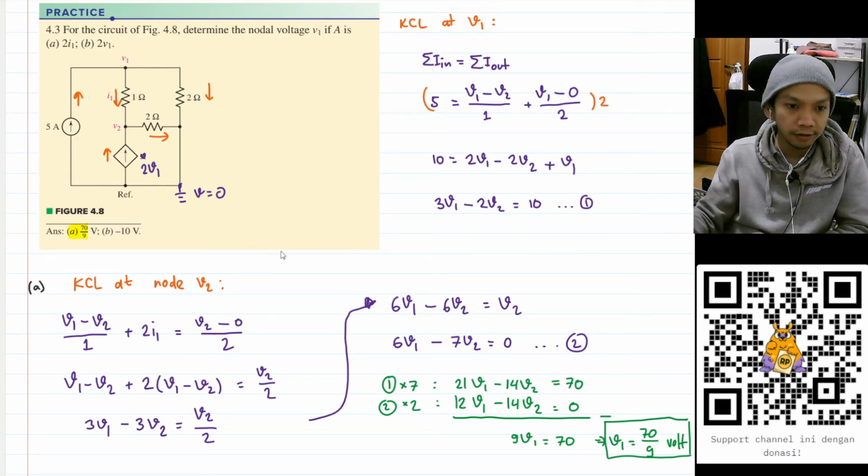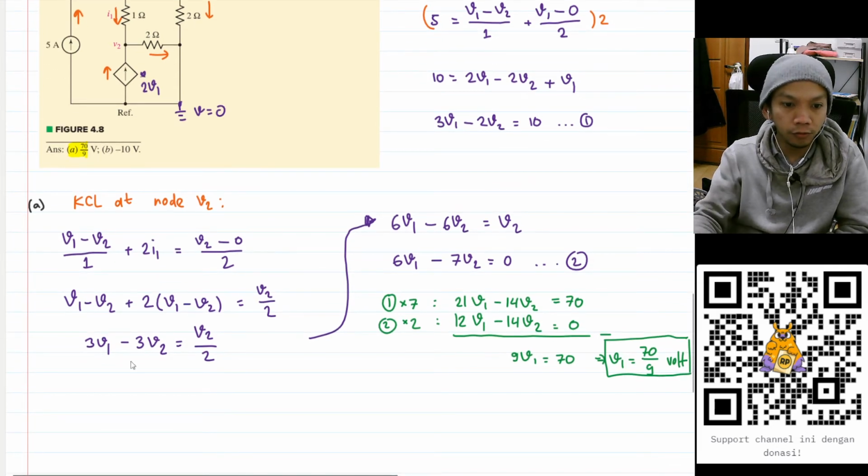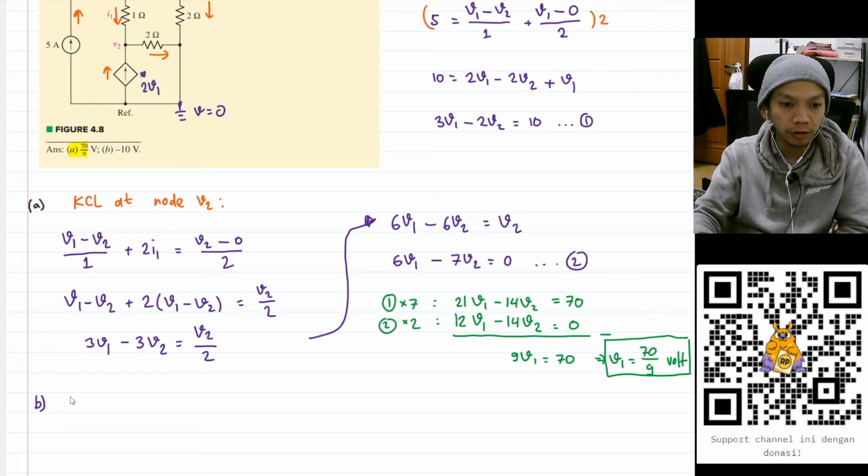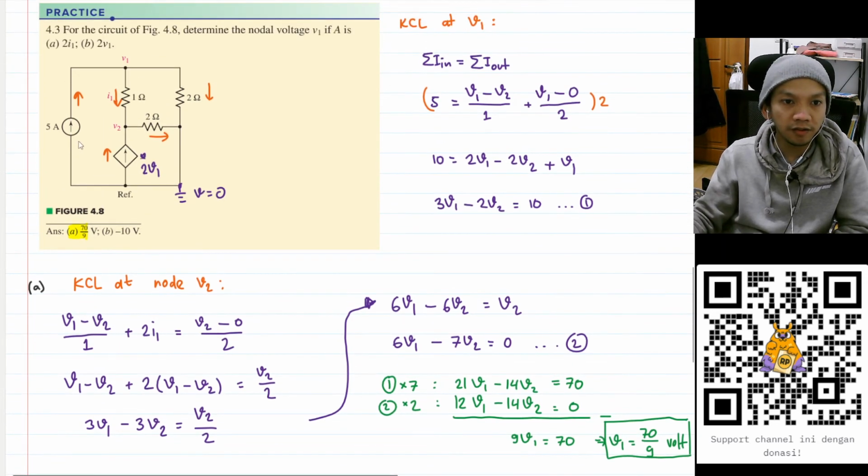And we need to do KCL at V2 again, but this time with this 2V1 value. So KCL at node V2. Again, this current here is going in. This current here is also going in. This current here is I1, and this current here is 2V1.